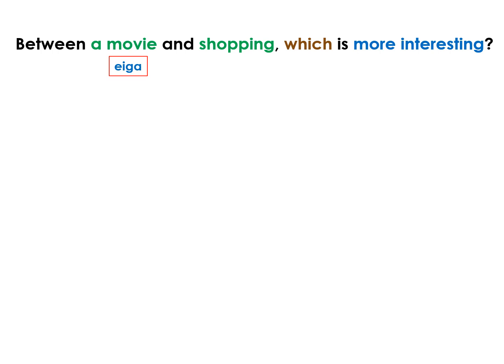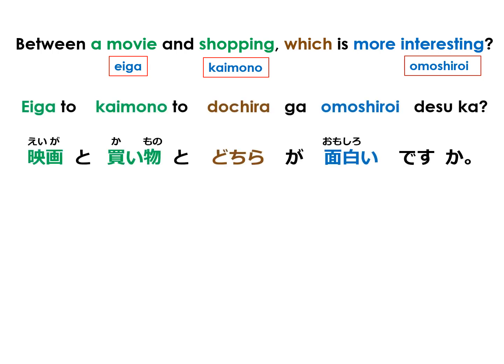Movie is 映画. Shopping is 買い物. And interesting is 面白い. Putting all these together, in Japanese, we say 映画と買い物とどちらが面白いですか?